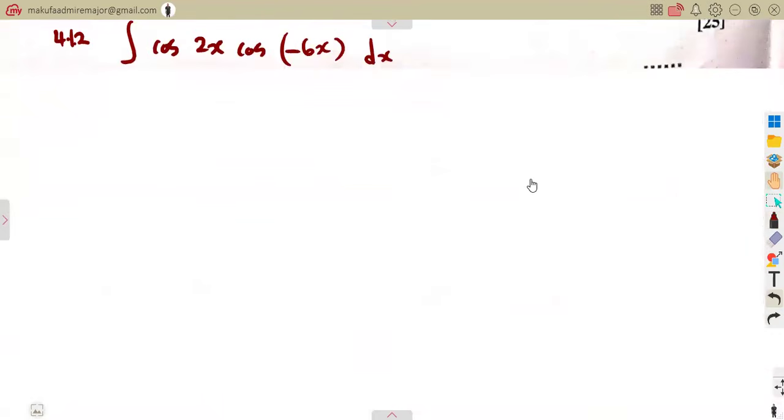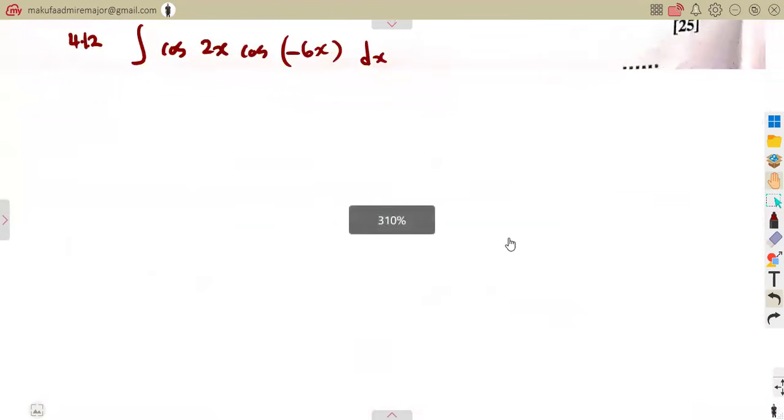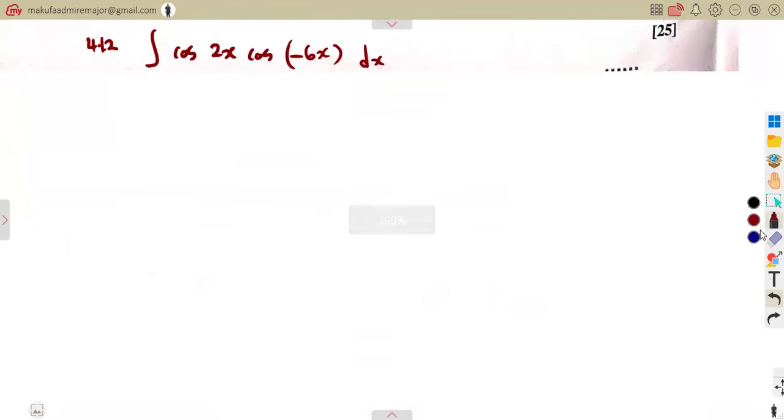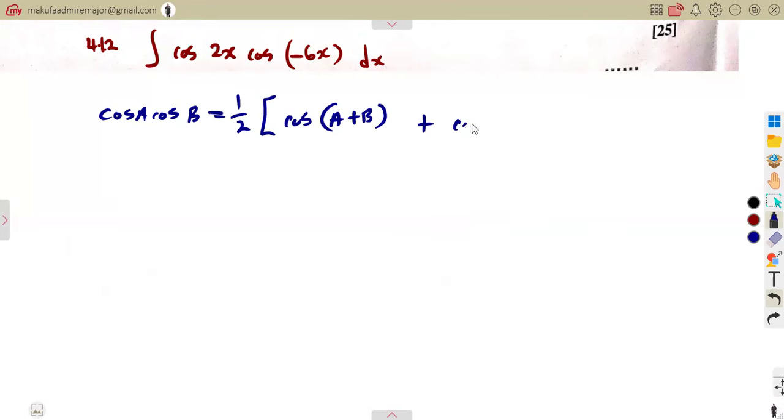So remember, from your identities, the product of a cos and a cos: cos A times cos B is equal to half of the cosine of A plus B plus the cosine of A minus B.